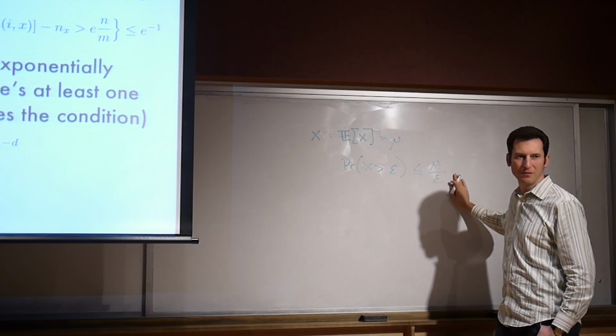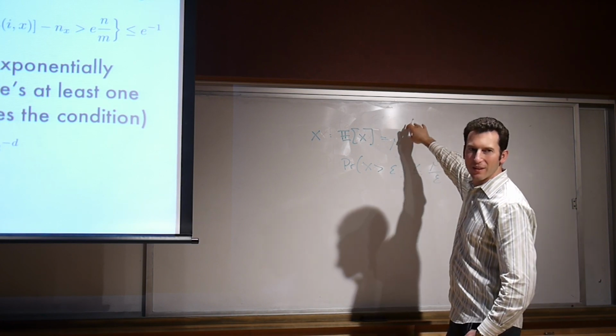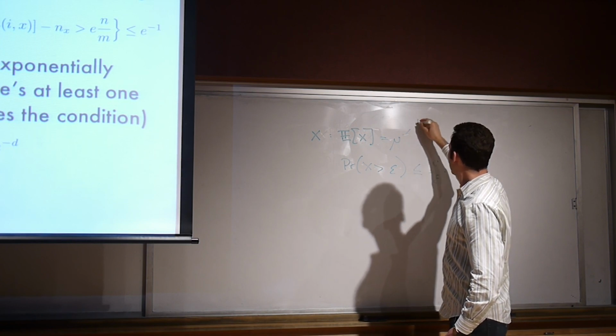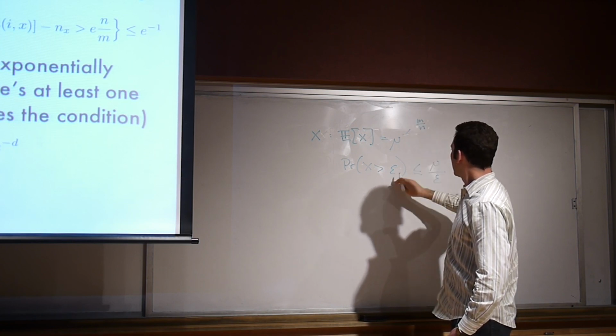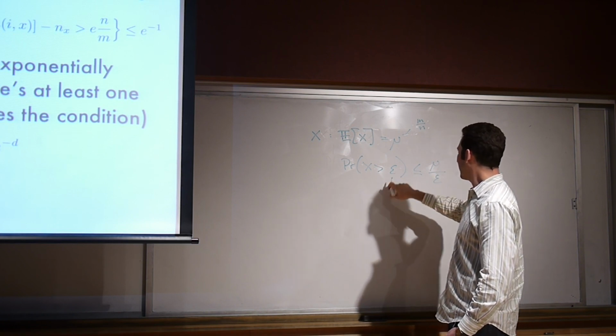That's Gauss-Markov. Now, mu in our case is m over n. And epsilon, in this case, what they picked is e times m over n.